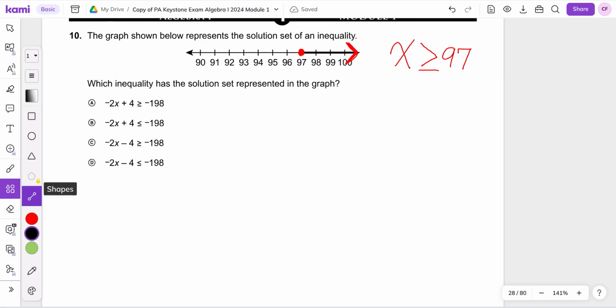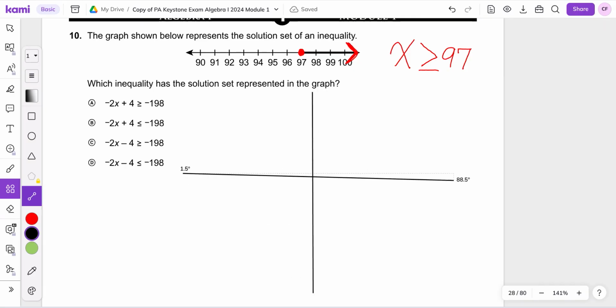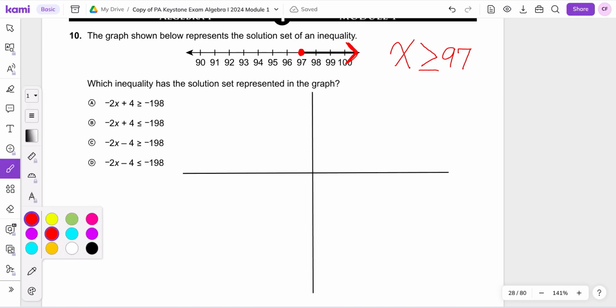Now we have 4 multiple choice options, so we want to solve each one until we get our answer that matches. So in part A, we have negative 2x plus 4 is greater than or equal to negative 198.